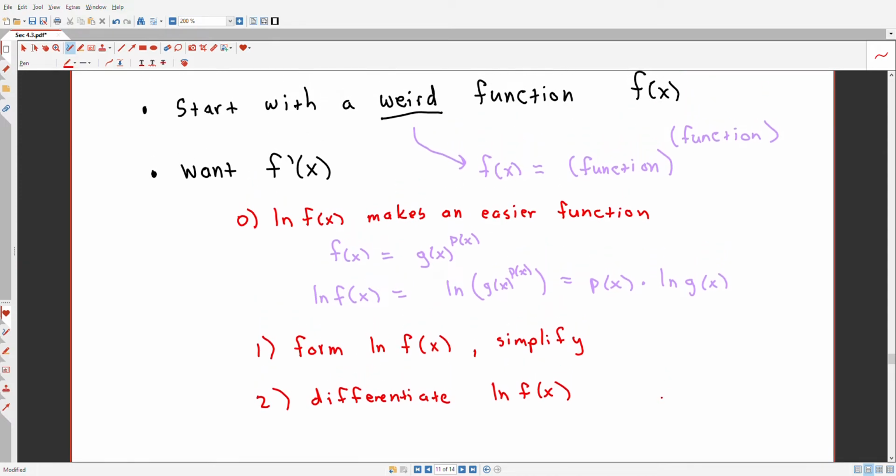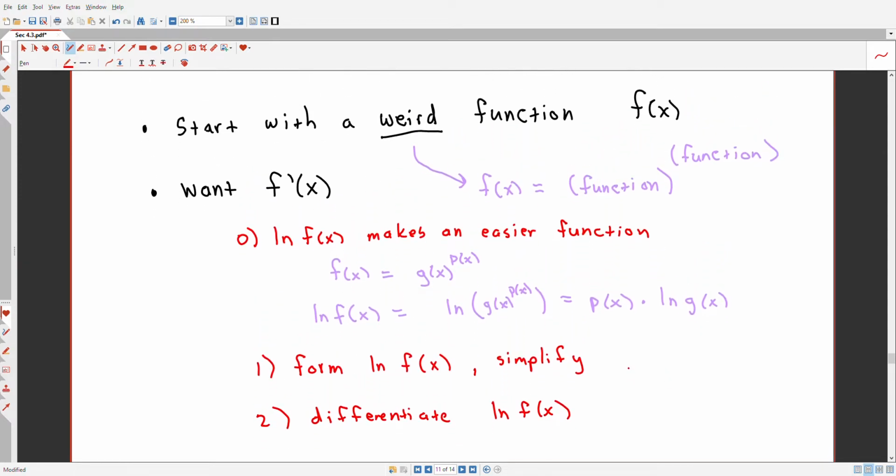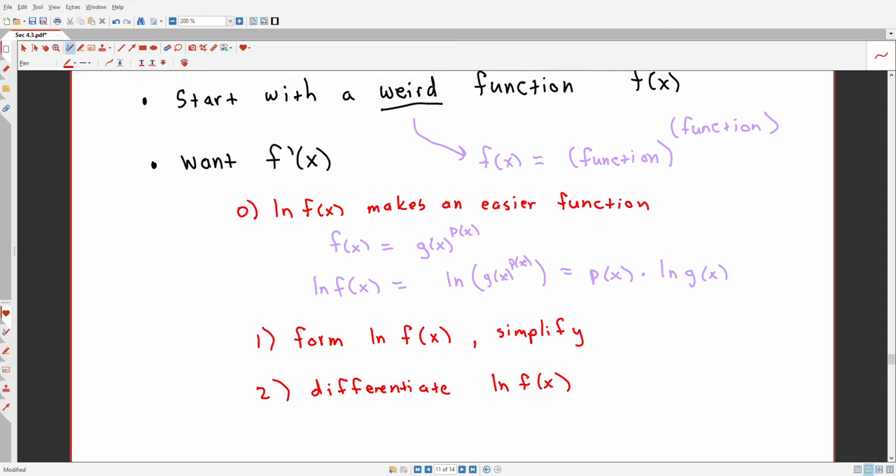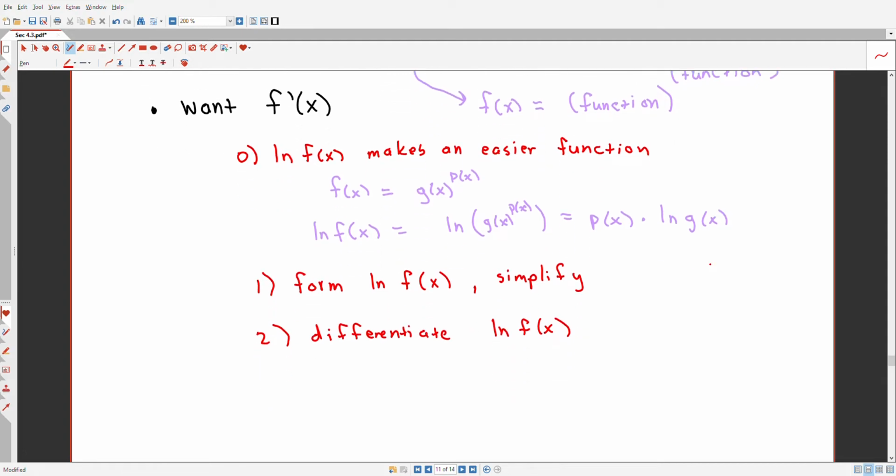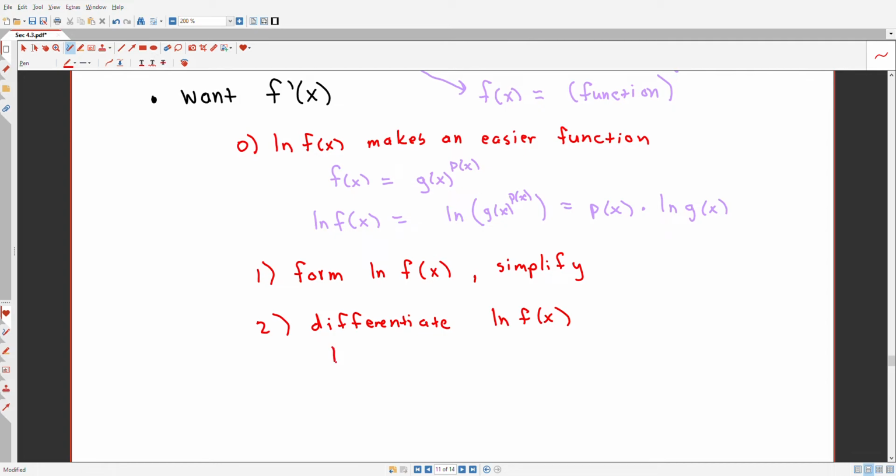So, right, this is why it's called logarithmic differentiation. You're putting a log in front of your function, you're taking a log of your function, and then taking a derivative. And it turns out this isn't too hard to do, right? We already discussed this. The derivative of natural log is 1 over, and then we have to multiply by f prime of x. But I don't know what f prime of x is, because that's a weird derivative.